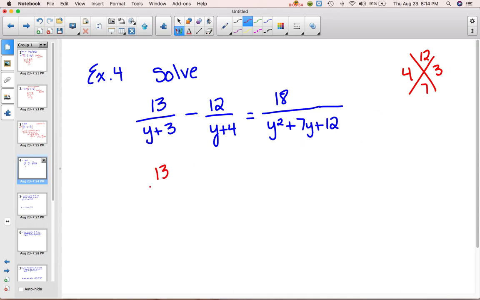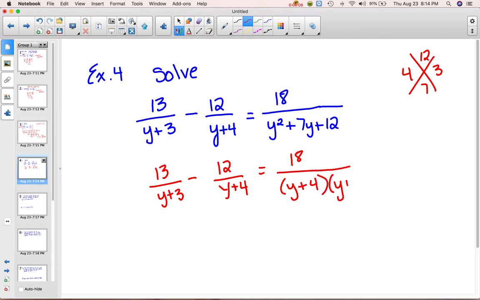I'm going to have 13 over y plus 3 minus 12 over y plus 4 equals 18 over y plus 4 times y plus 3. Now, I didn't need a box because it was just a y squared. There was no number, no coefficient other than 1 in front of that y squared value.